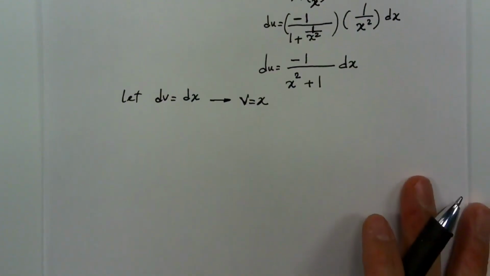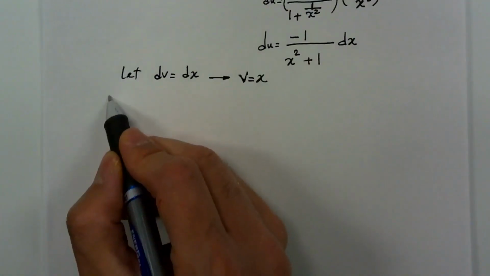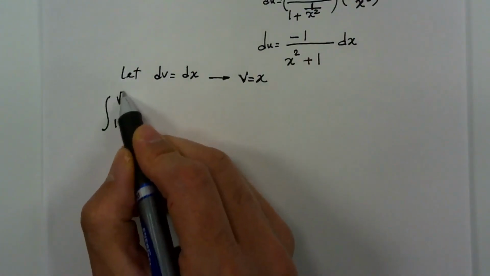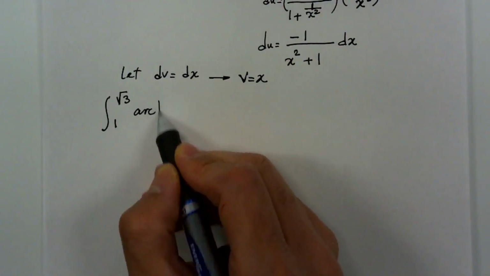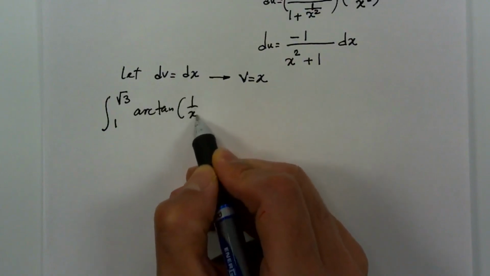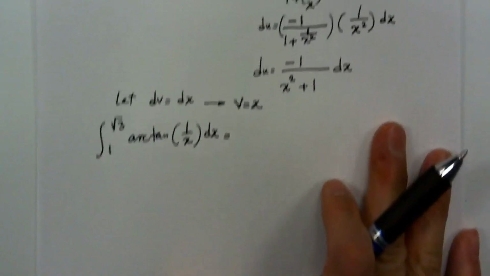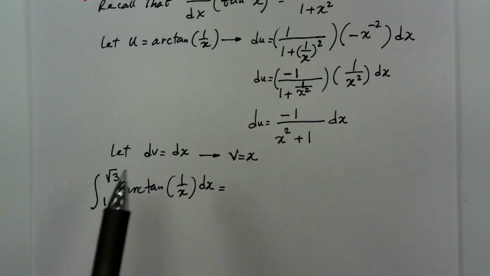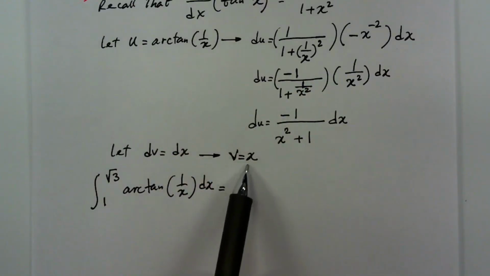Now we can apply the integration by parts to our original expression, which was the integral from 1 to square root of 3 of arctangent 1 over x dx, is equal to u times v. That's the first part, right? u times v, which is x.